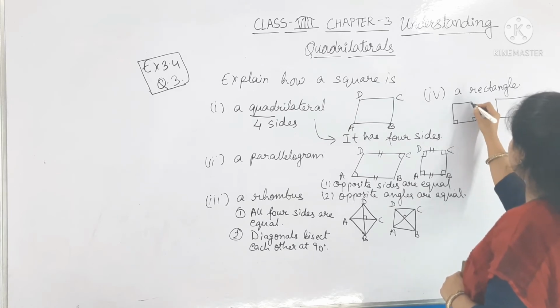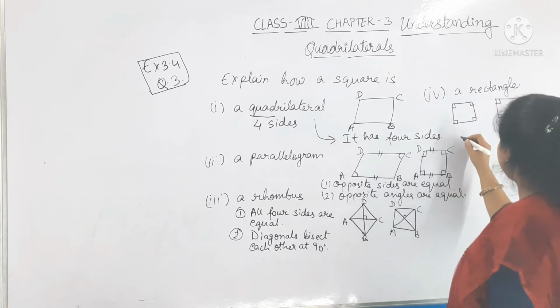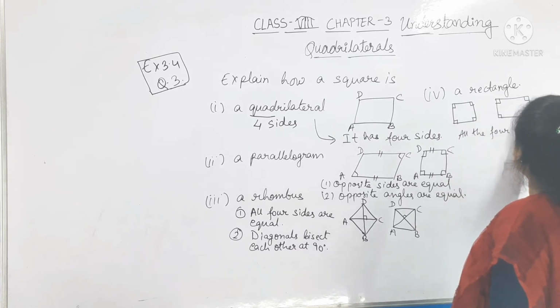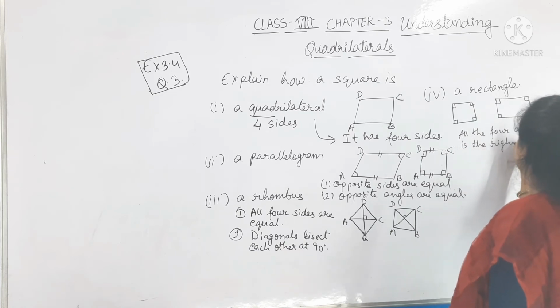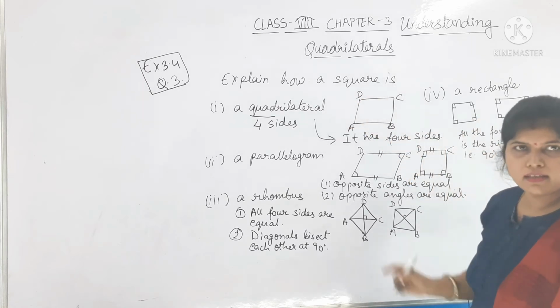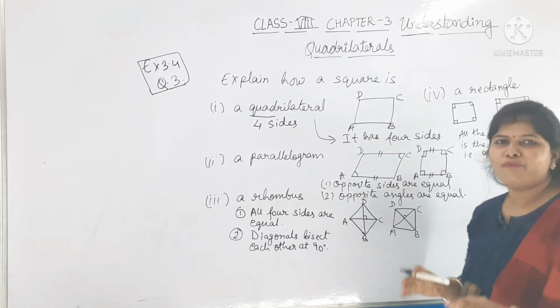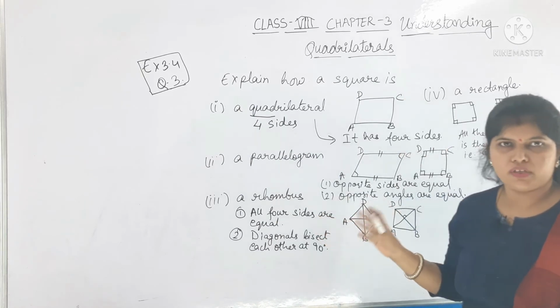So one reason is all four angles are equal, and each is 90 degrees, that is, all four angles are right angles. That is the one reason how a square is a rectangle. So like this you have to explain. You can only explain when you know the properties of all the figures.